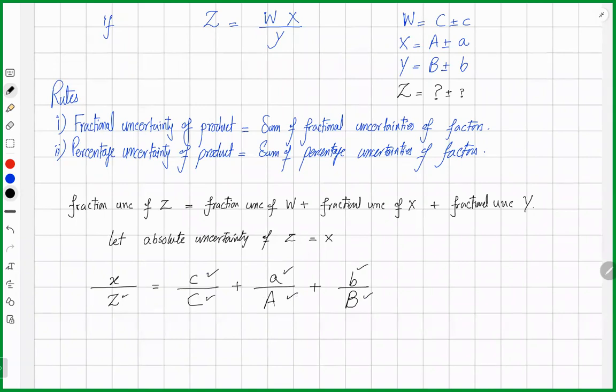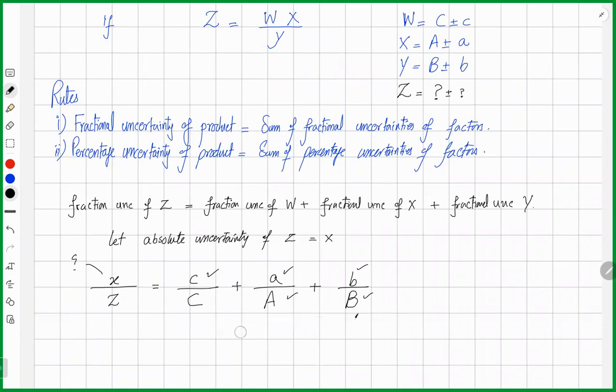So all the quantities are there that you know. Only x is what you have to calculate. So you put all these values in your calculator in one go, and then you multiply the answer with the calculated value of z, and you get the required uncertainty.